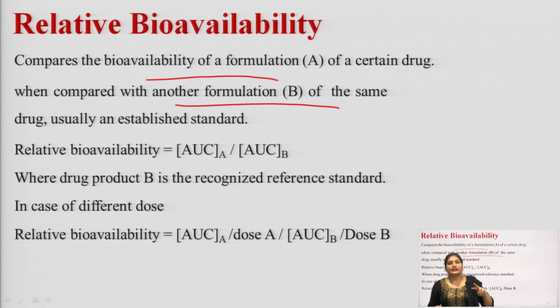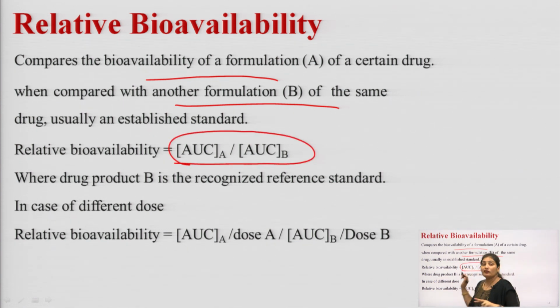We can calculate it by the area under curve of A formulation divided by area under curve of B formulation. In this case the drug product B is a recognized reference standard, means A formulation is getting compared with the reference standard formulation.